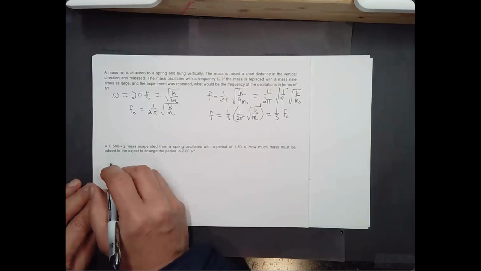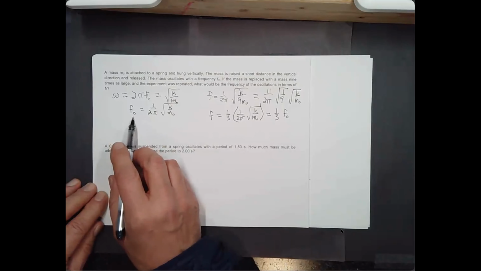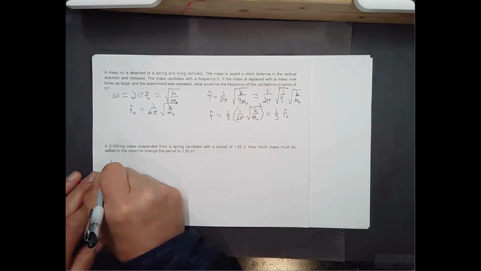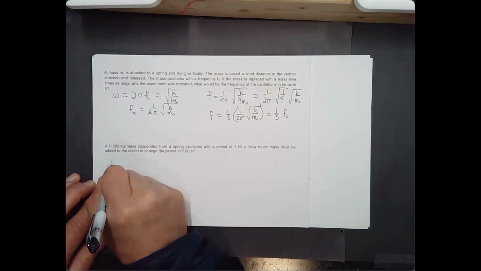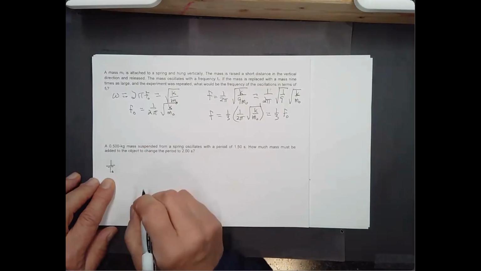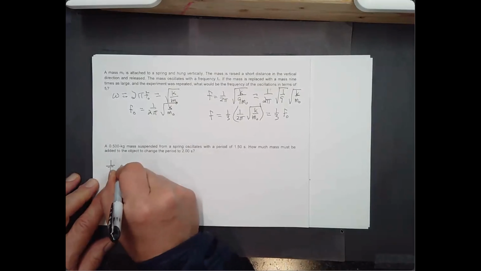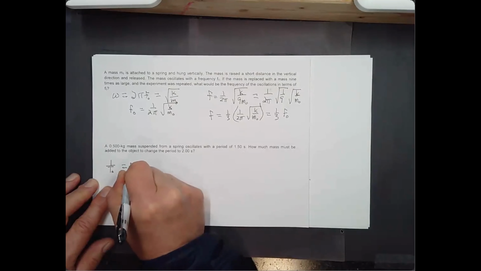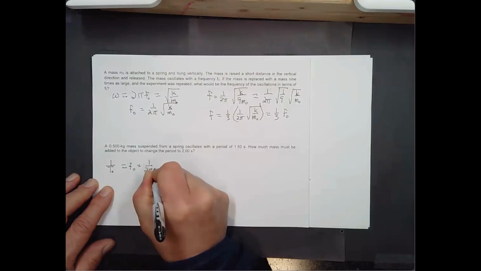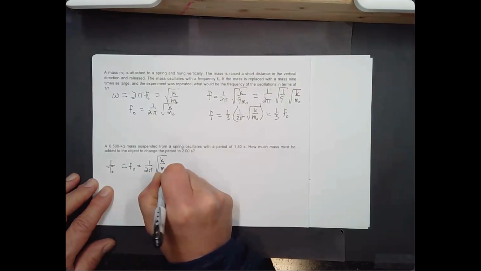If we remember the period is the reciprocal of the frequency, we could say that 1 divided by the original period, I'm going to call it T naught, and M naught, the original mass, just to continue with that notation. 1 over T naught would equal the original frequency, and that's 1 over 2 pi times the square root of K over M naught.